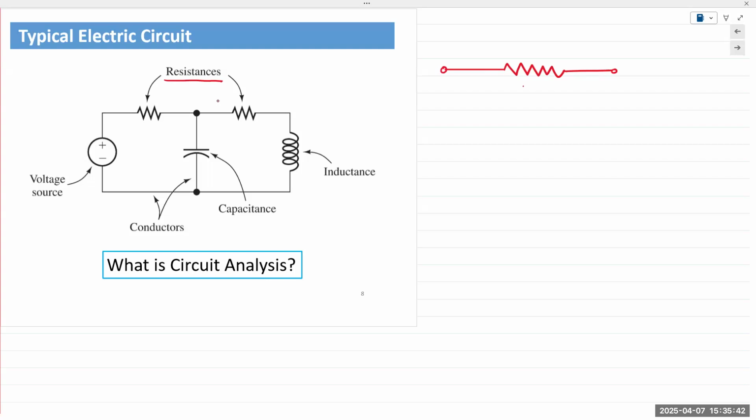So we have resistors, we have capacitors, which are energy storage devices, and then we have inductors. The symbols for all three are R, C, and L. The spiral coil denotes a spirally wound conductor.